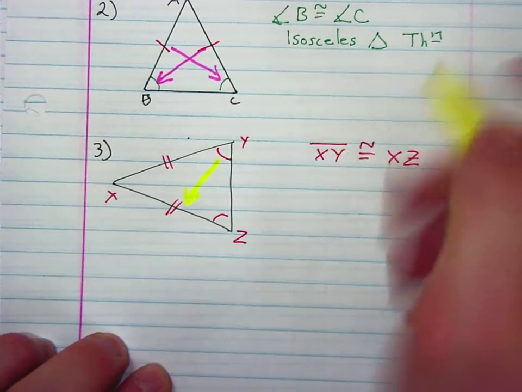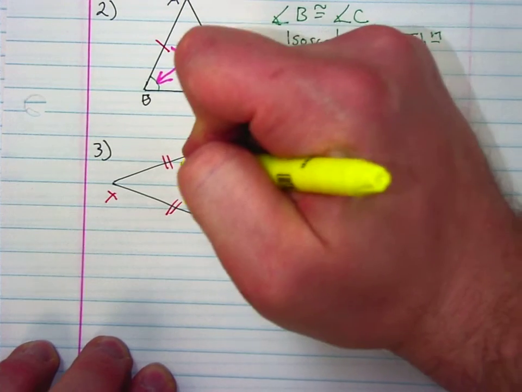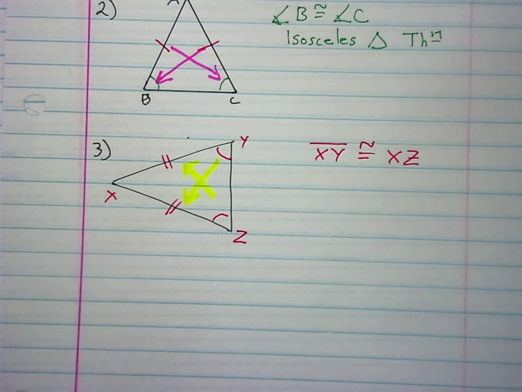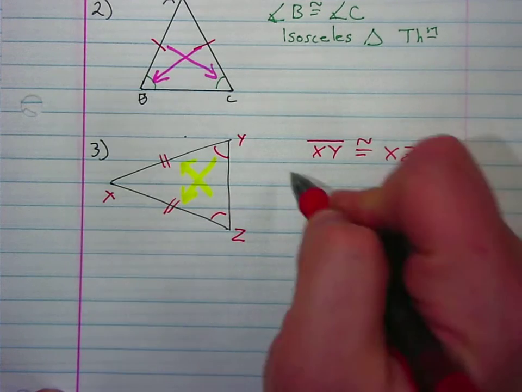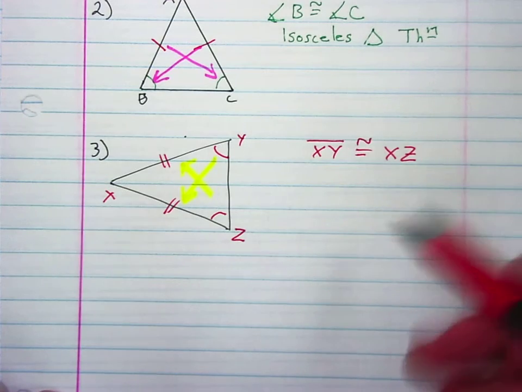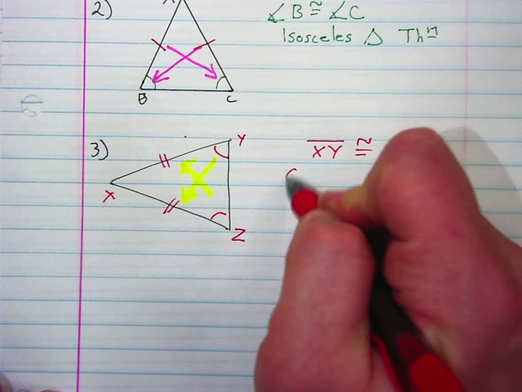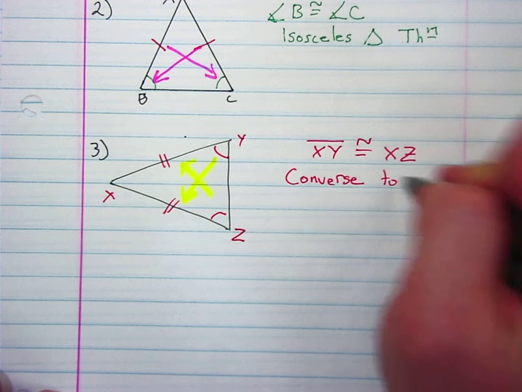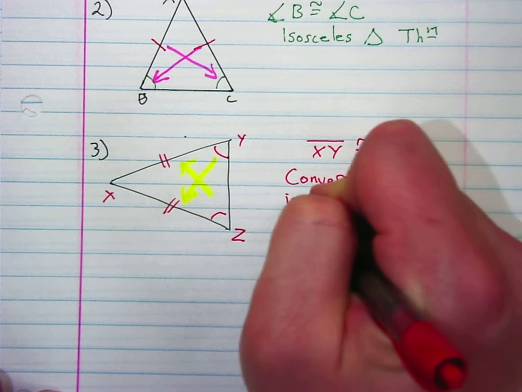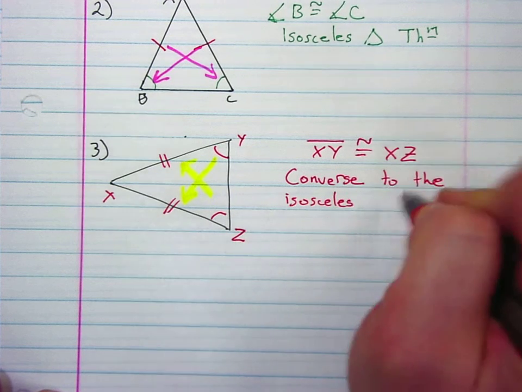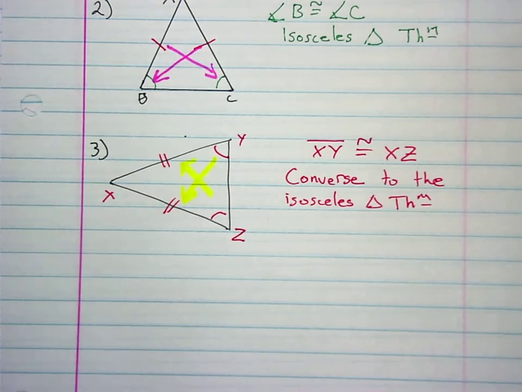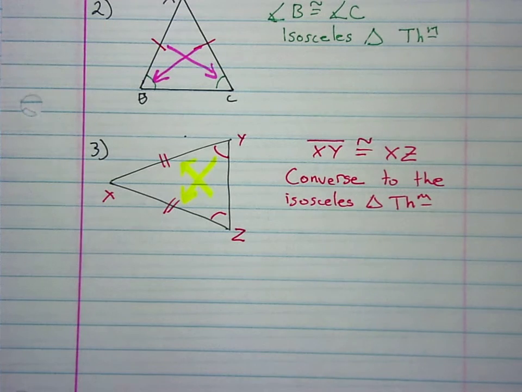The reason I'm going to write down is not the isosceles triangle theorem, because we're going backwards, and when we go backwards in math, that's called the converse. I've changed my if and then part. So converse to the isosceles triangle theorem. So if you have isosceles triangles, you're probably going to be using the definition of isosceles triangle, or the isosceles triangle theorem, or the converse to the isosceles triangle theorem.